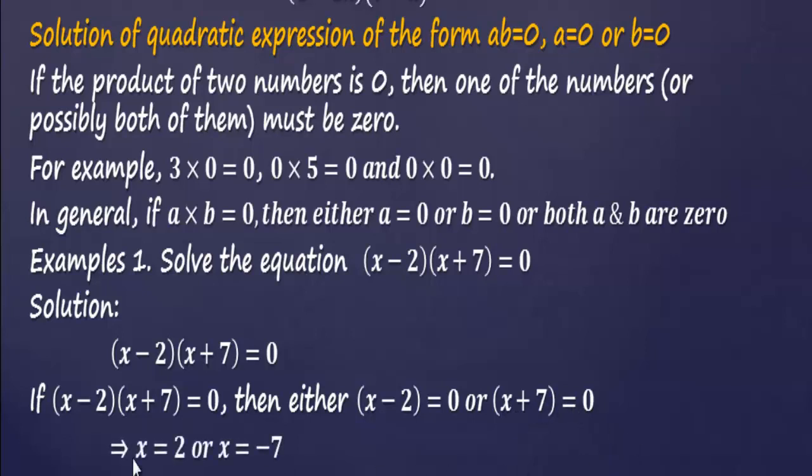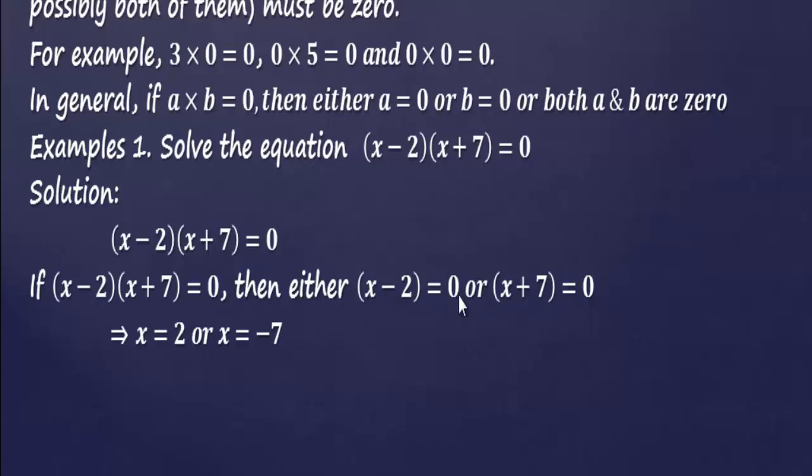And then you can calculate x: you carry this minus 2 to the other side, it's going to turn to plus 2, so x equals 2. When you carry plus 7 to the other side of the equal sign, it's going to turn to minus 7. That is the final answer. It is either x equals 2 or x equals minus 7.